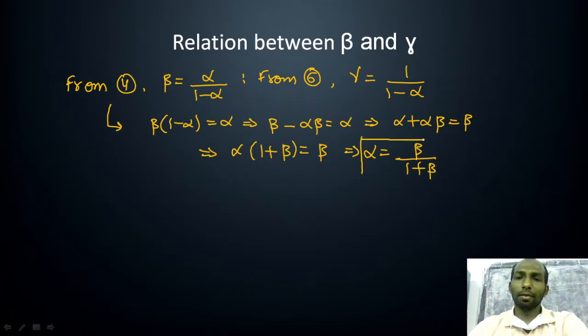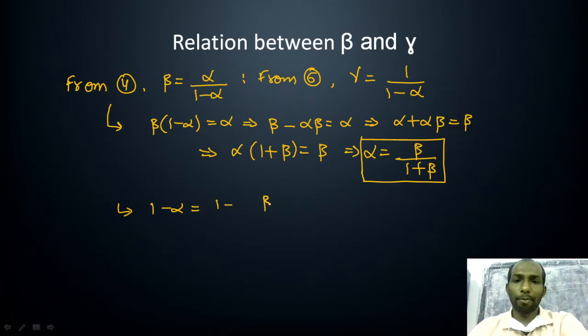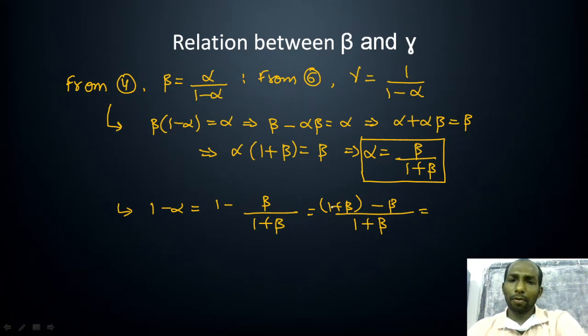This is another relation between alpha and beta. My task is to find 1 minus alpha. So 1 minus alpha is equal to 1 minus beta by 1 plus beta. Here the LCM is 1 plus beta. So (1 plus beta minus beta) over (1 plus beta). 1 plus beta minus beta is equal to 1.